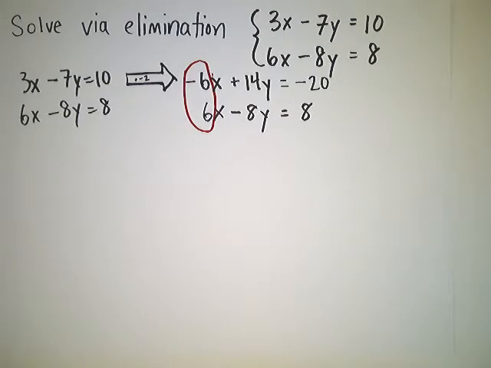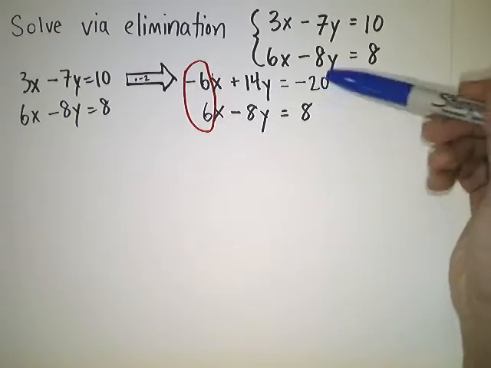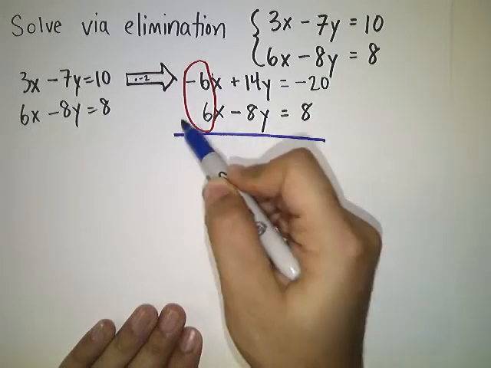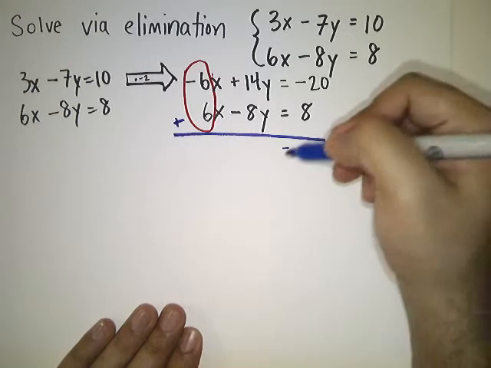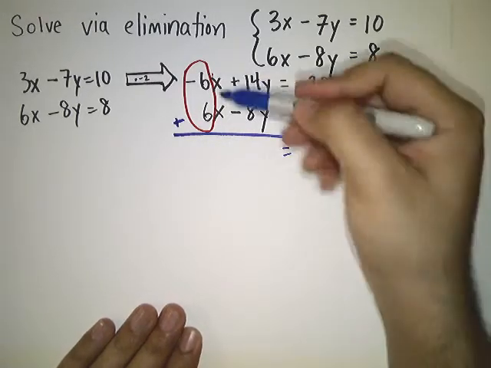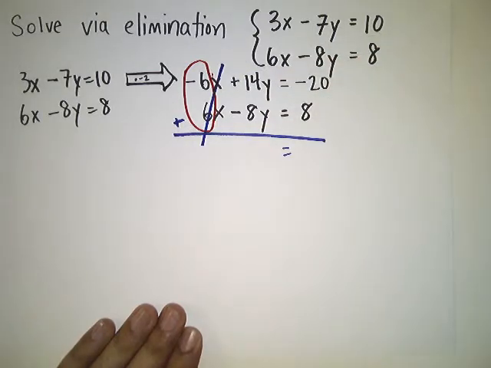So then we'll move on to the second step of the elimination method, which is to add the revised equations together. Let's see what happens. Negative 6x and positive 6x, when we add those together, they cancel out.